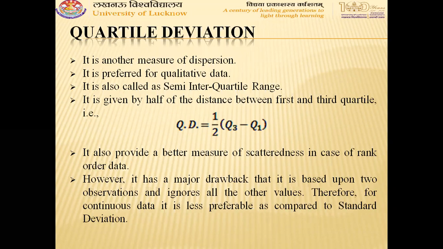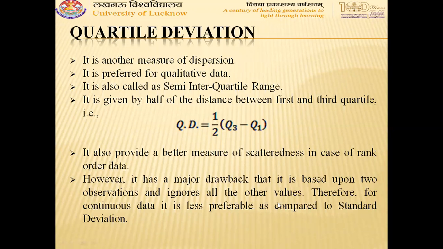So interquartile range will be Q3 minus Q1, and semi-interquartile range will be half of Q3 minus Q1. So quartile deviation is half of Q3 minus Q1. It also provides a better measure of scatteredness in case of rank order data. That means for qualitative data as well as for ranking data.